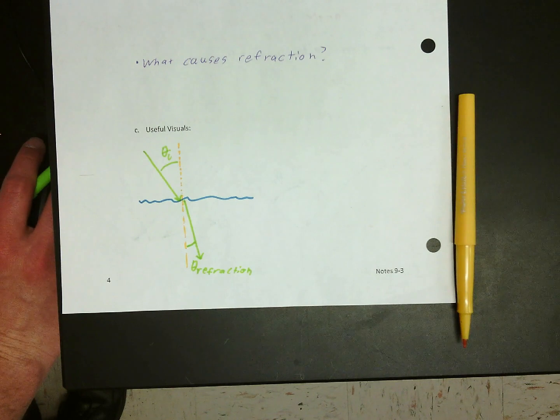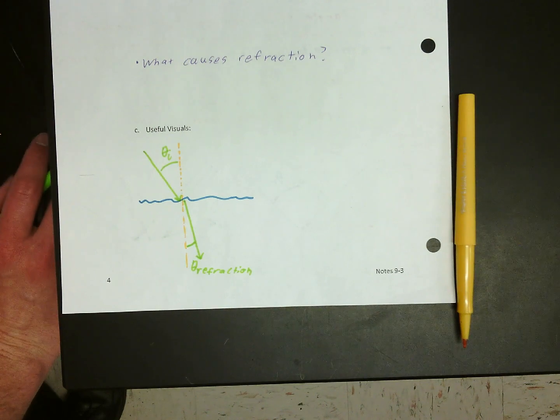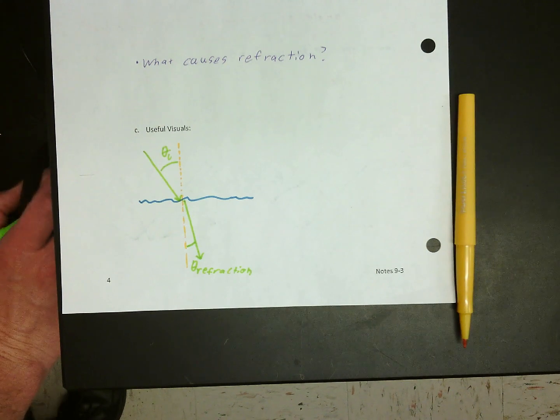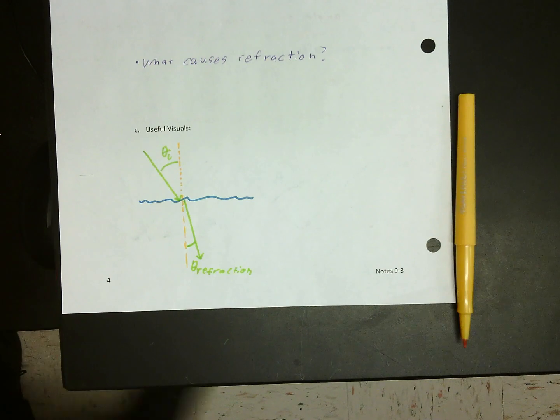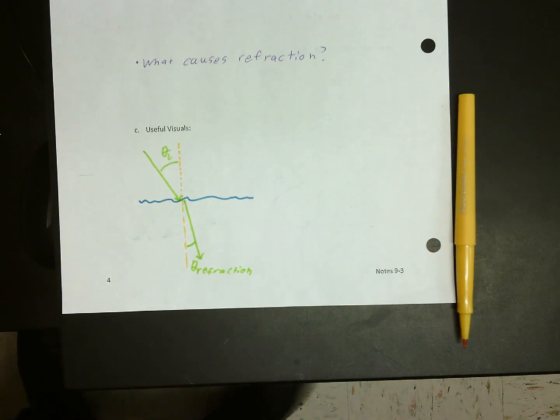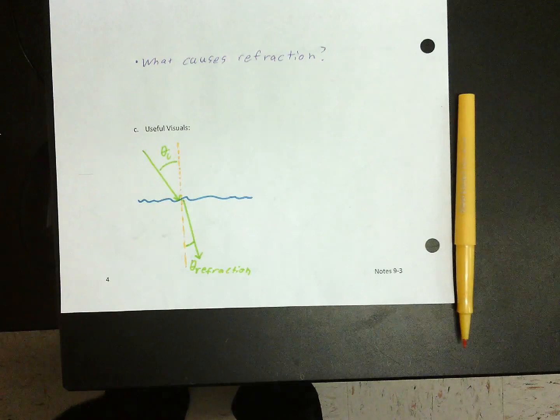There is an equation that defines that. We're not going to go into that. We're just looking for the relationship, which is, does it bend more, does it bend less, or how much does it bend?